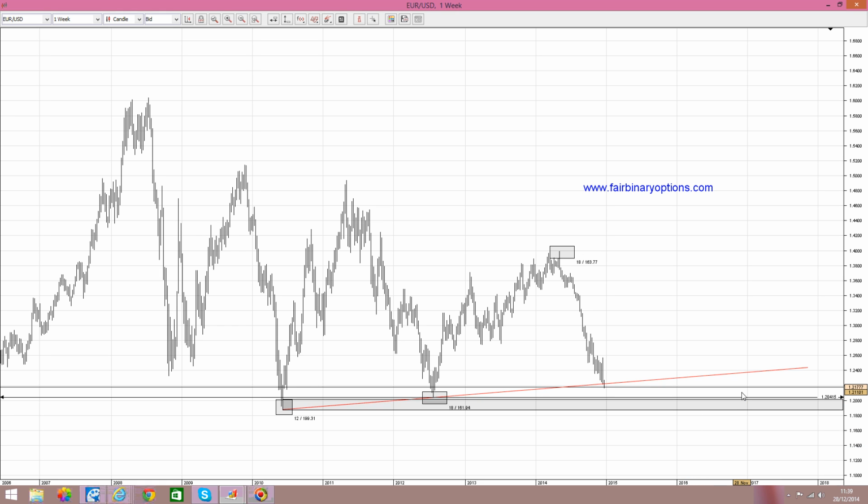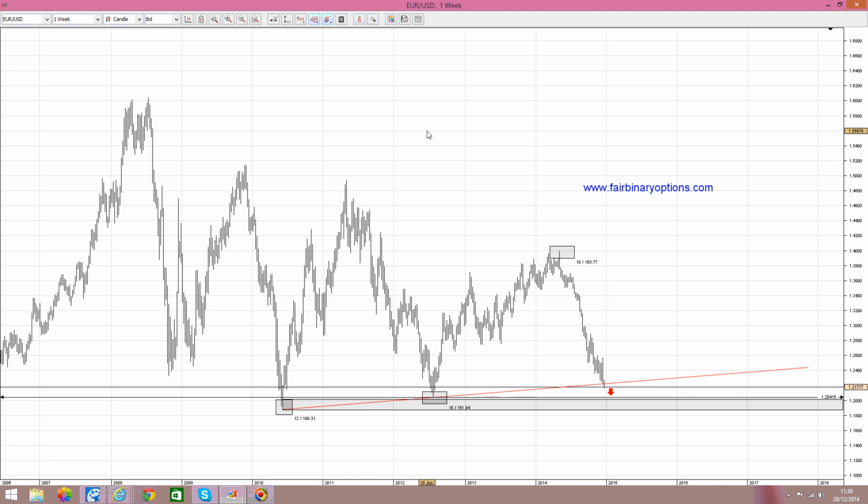So what I would do heading into next week's trading, and even more, is buy put options. I would only buy put options until this area comes, until below 1.20, and then wait and see how the market is acting below 1.20, as a break here signals nothing but troubles for the euro and the US dollar.